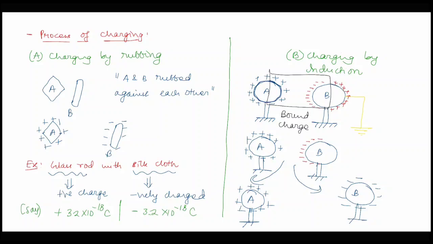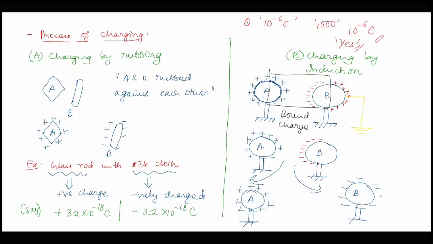In case of charging by induction, suppose a question is asked: we are given a charged sphere having a charge of, say, 10^-6 coulomb. Is it possible to create 1,000 new charged spheres using this charge, each having a value of 10^-6 coulomb? The answer is yes.